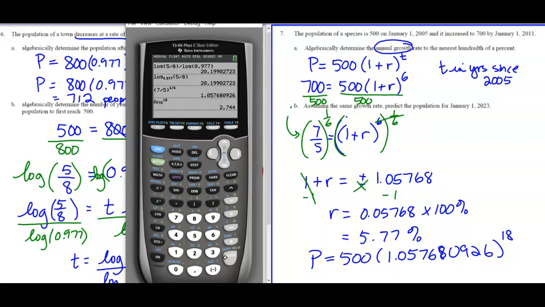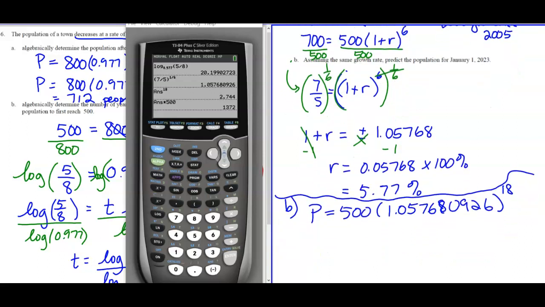Exponent 18 and then times by 500. This is for part B. And so I get 1,370.